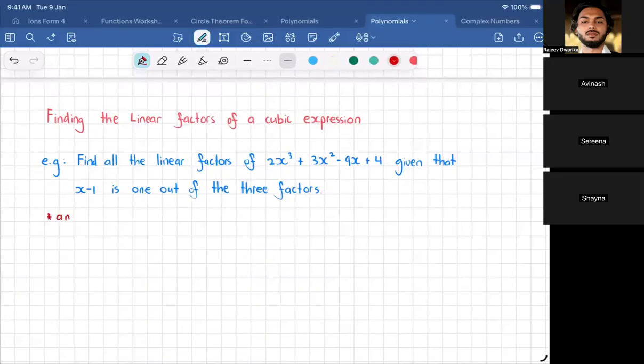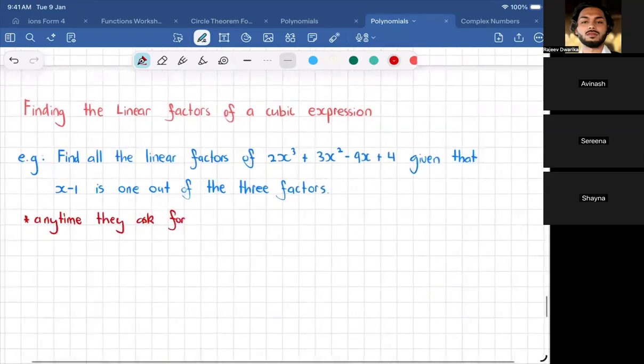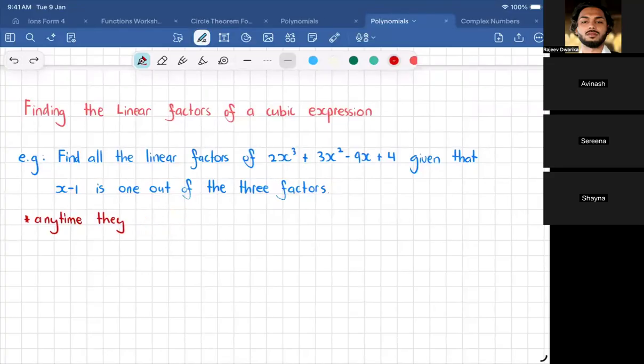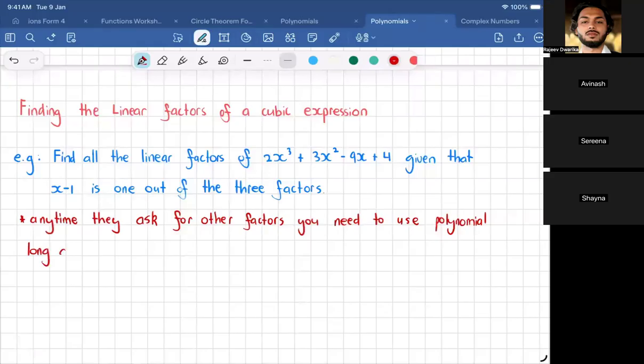In the exam, anytime they ask for the other linear factors, anytime they ask for other factors, you need to... right. So Avinash, let's proceed.